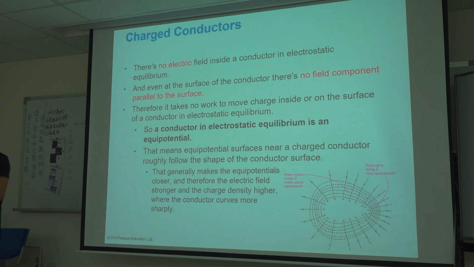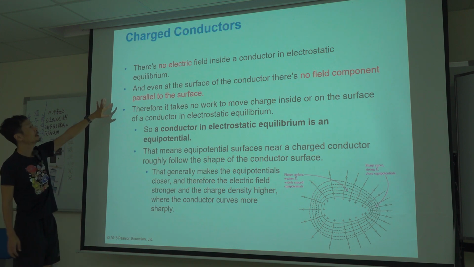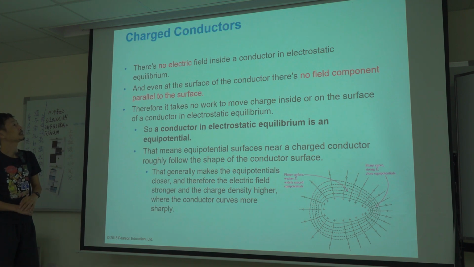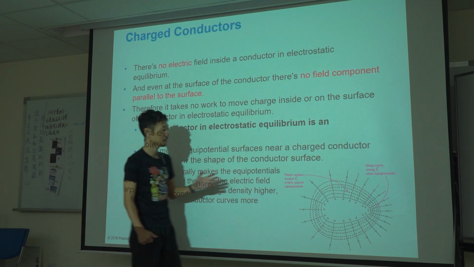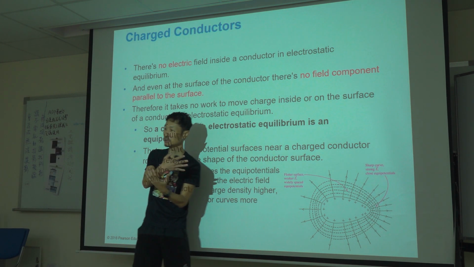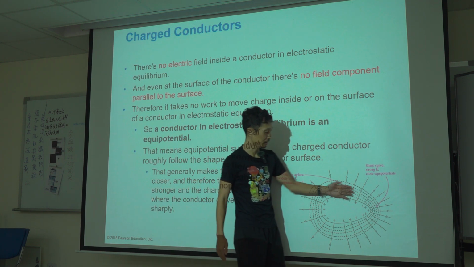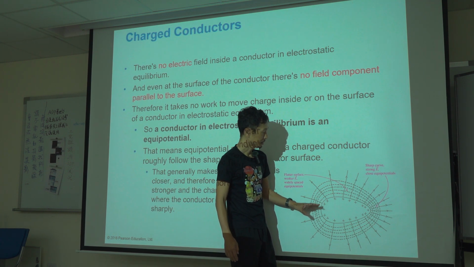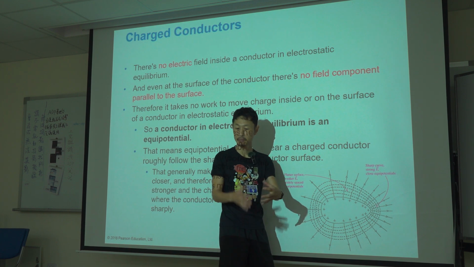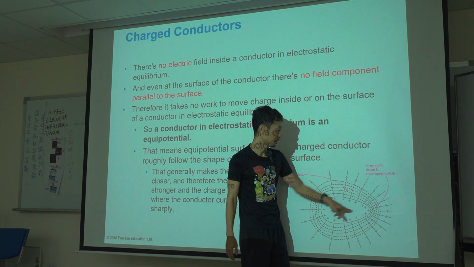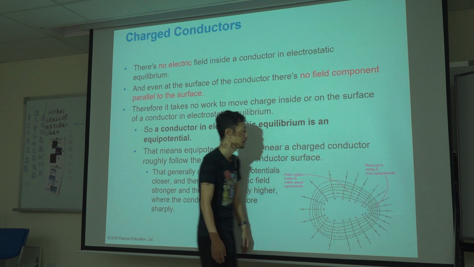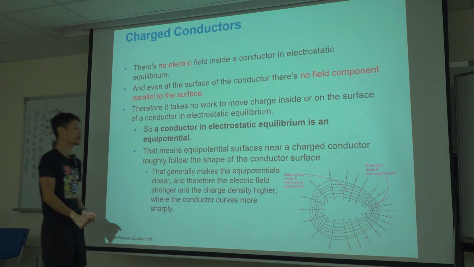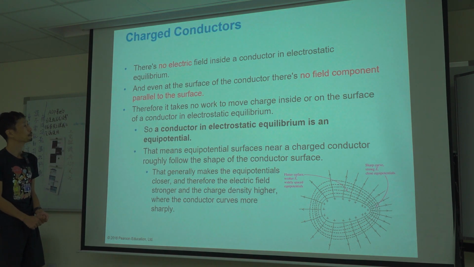Charged conductors. There's no electric field inside a conductor in electrostatic equilibrium. A conductor is something that current can go through. That means inside here charges can move around. So this is something like a metal block, where electrons, and sometimes positive charges, can move around.